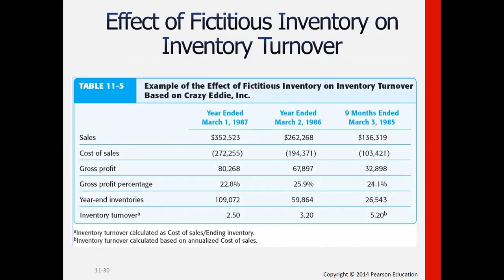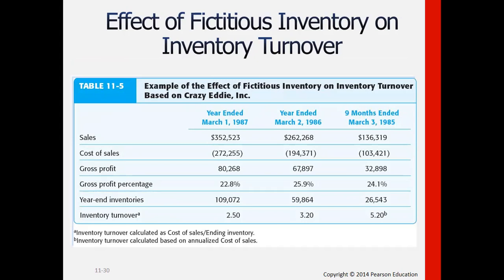Now we can see here that for Crazy Eddie Incorporated, our sales increased as well as cost of sales, from right to left. Of course, that's the movement. Gross profit increased, and the gross profit percentage from 85 to 86 increased but decreased, interestingly, from 86 to 87.